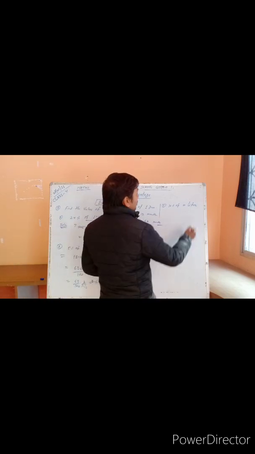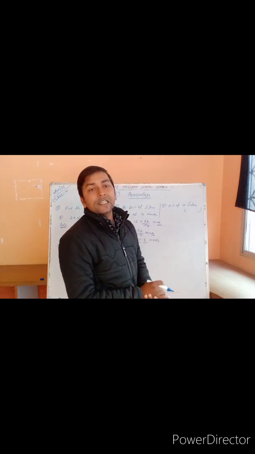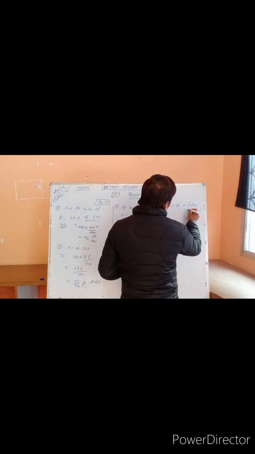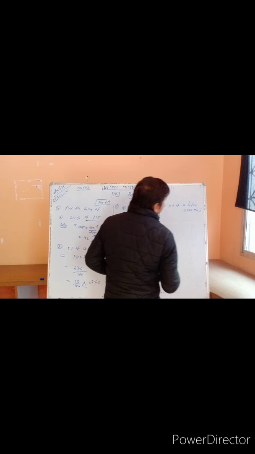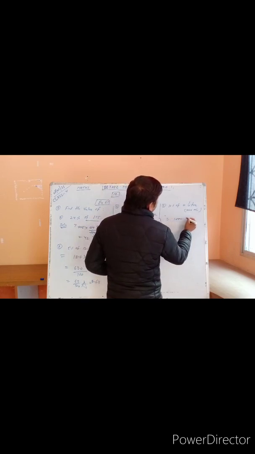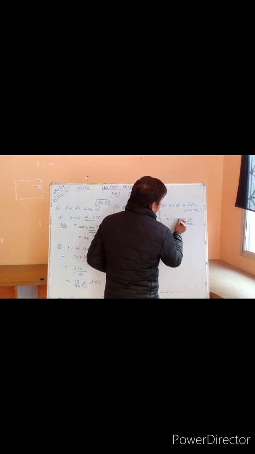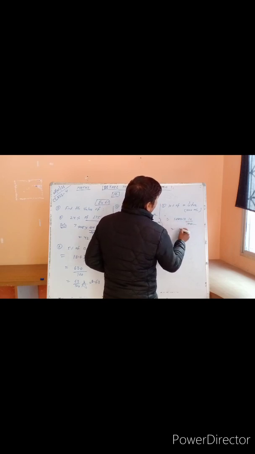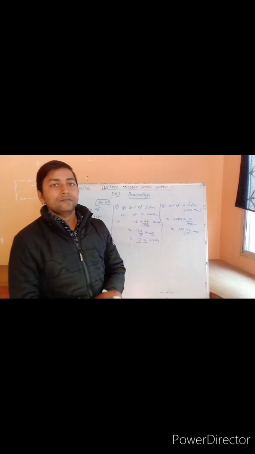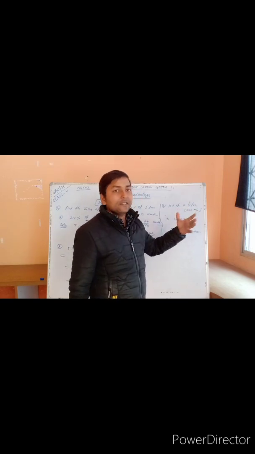Now here 10% of a liter. A liter is given, so first you know a liter equals 1000 milliliter. Okay, so do the same. 1000 milliliter into 10%, 10 by 100, 10 cuts, 10 into 10, 100 milliliter. This will be the answer. I hope it is clear. If liter is given, change into milliliter.